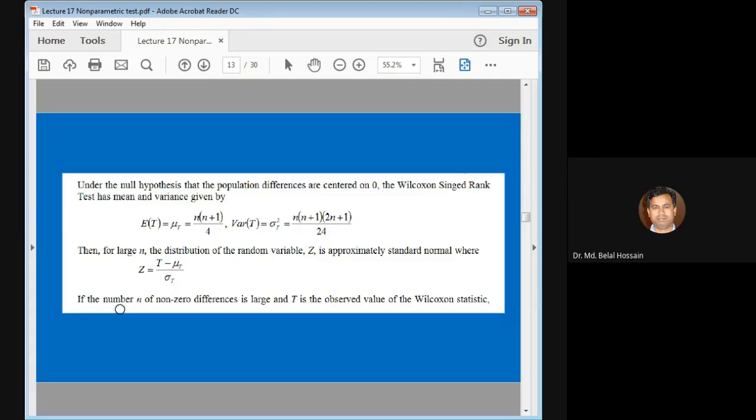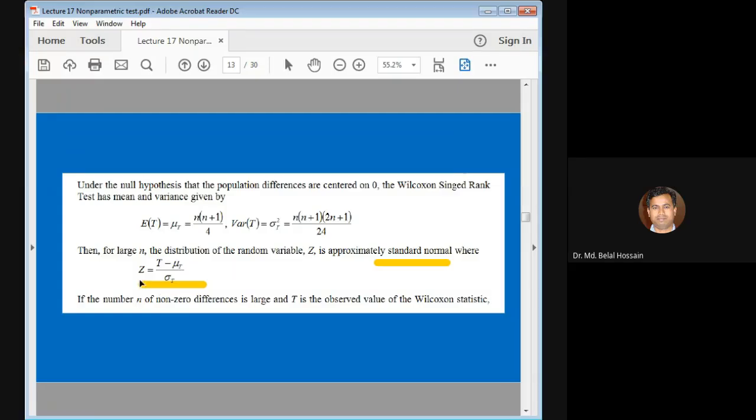If the number n of non-zero differences is large, T is the observed value of the Wilcoxon's test statistic, then using that standard normal table, you can decide whether your null hypothesis is rejected or accepted.